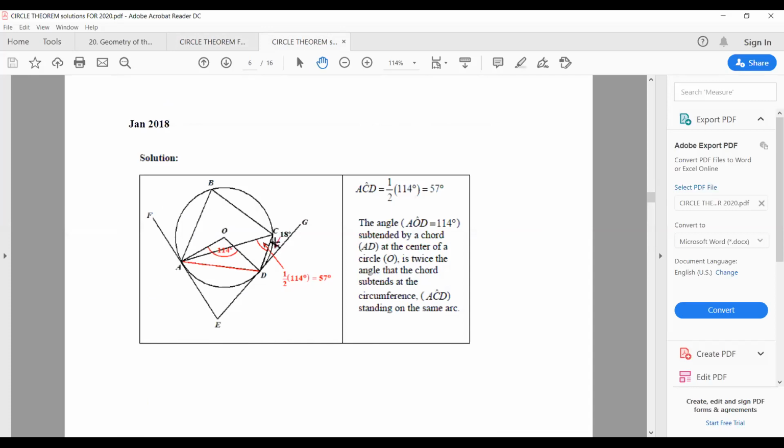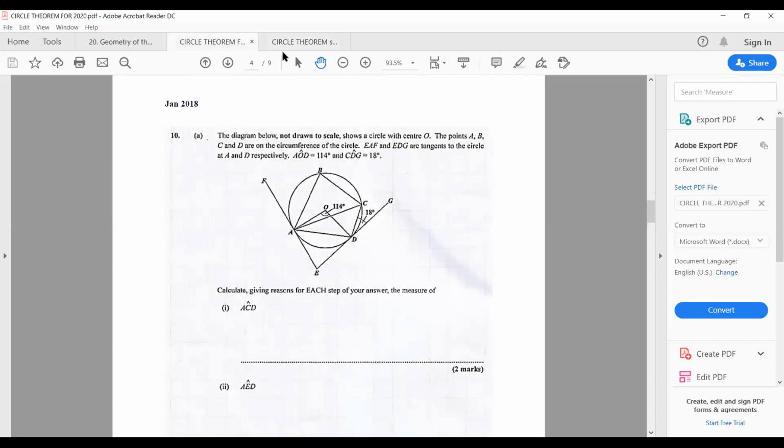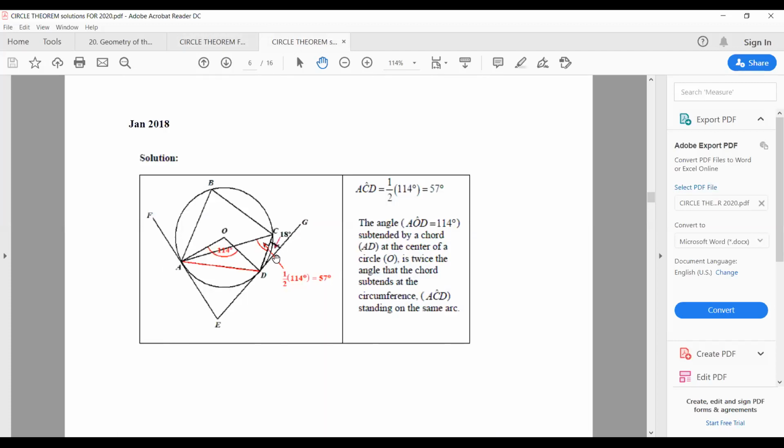As you all can see, this is 18 here. Okay, you all seeing it? Right, so if this is 18, a half of 114 is obviously 57. So that means here is 57, because if over here is 114, obviously over there will have to be 57, right? And the reason is given over here.